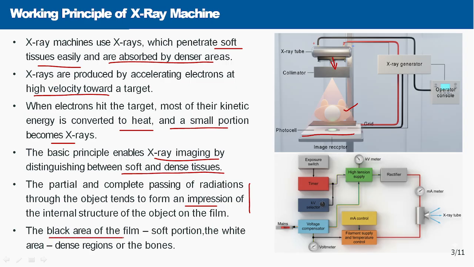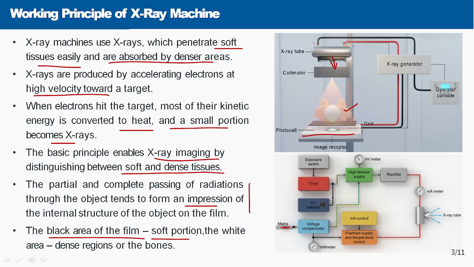The black area of the film, once it has captured the transmitted X-ray through the patient, is the soft portion, because through the soft portion absorption is less, so more X-ray intensity will pass through that.